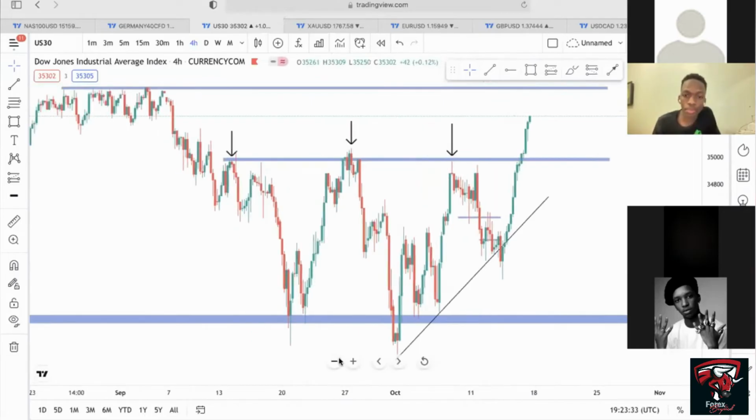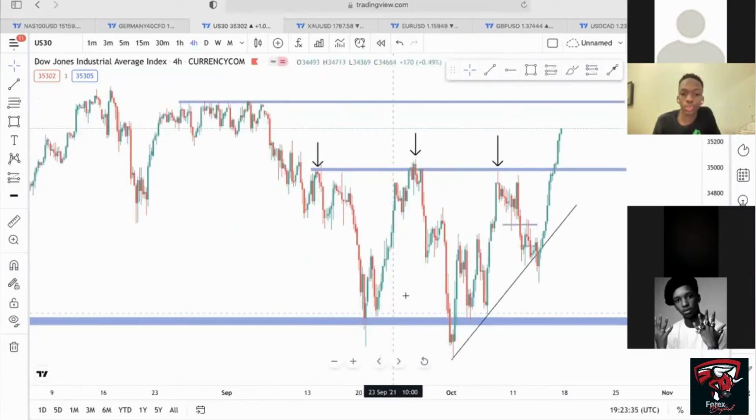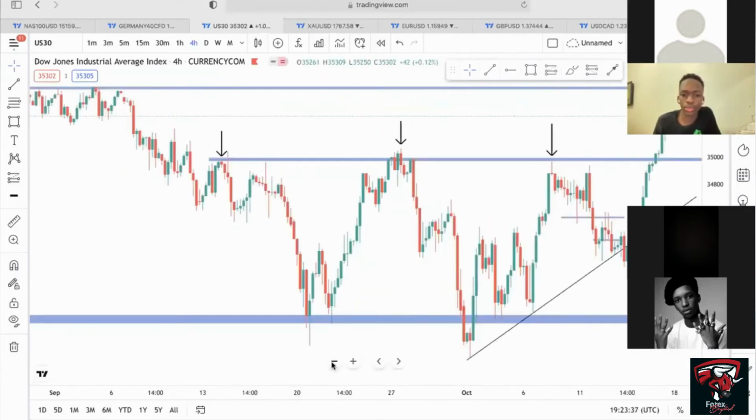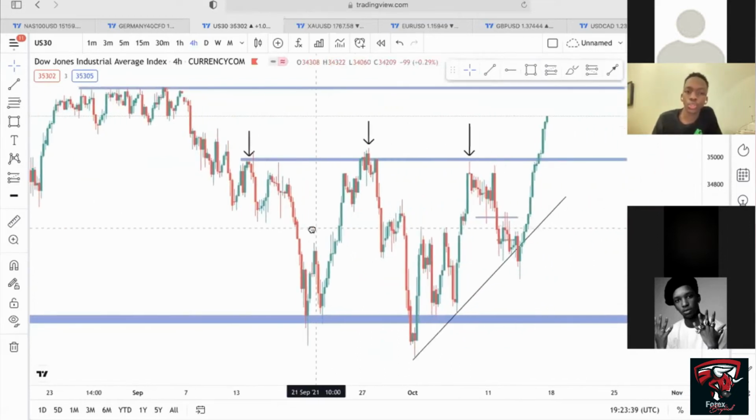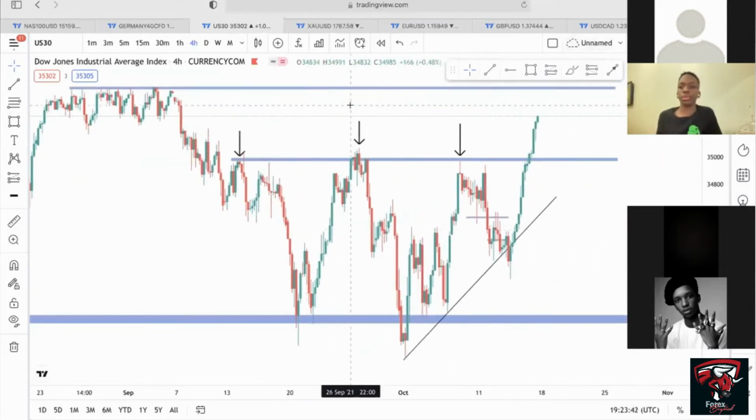It's approaching. Zoom out. Remember, guys, zoom out 2 to 3 times to be able to see your next zones, your next areas.